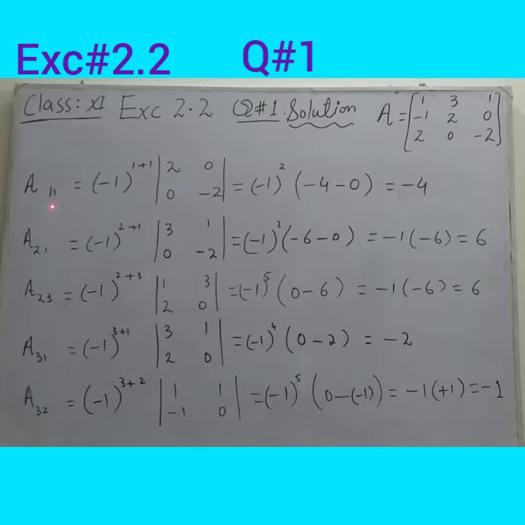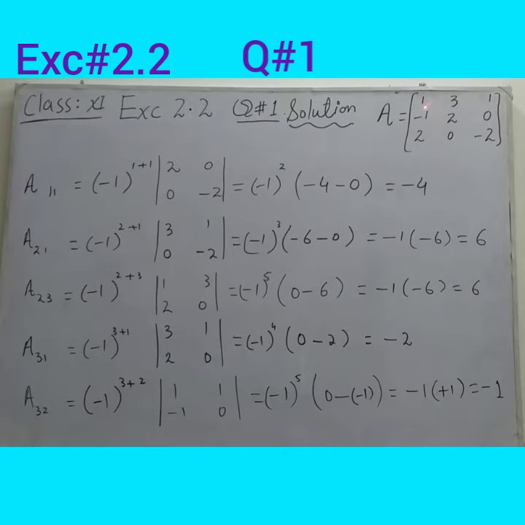Here A11 is equal to minus 1 raised to power 1 plus 1 into determinant. A11 is the cofactor of this element because its position is on first row, first column.